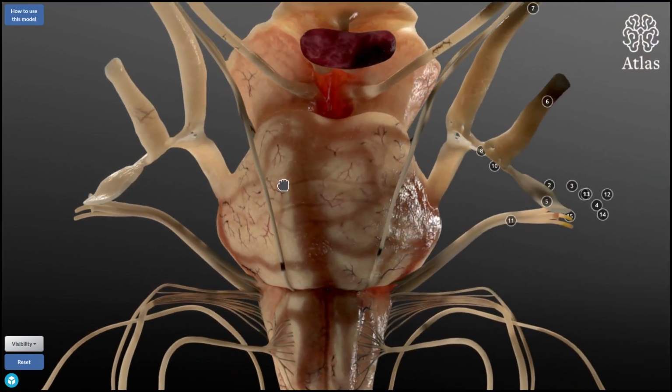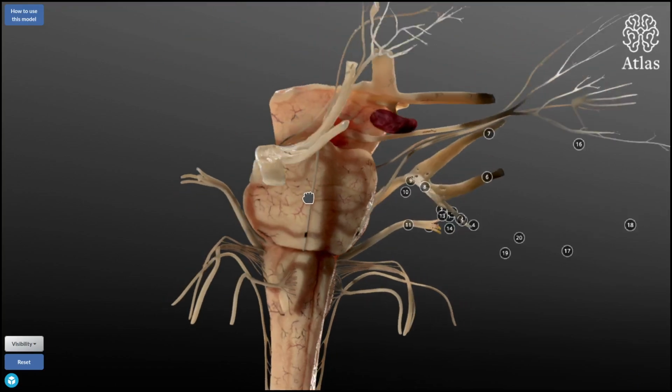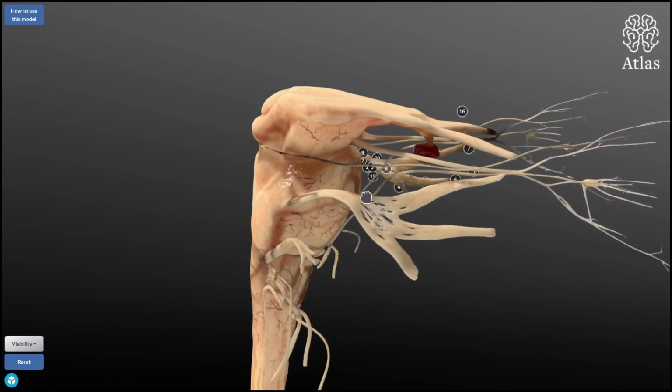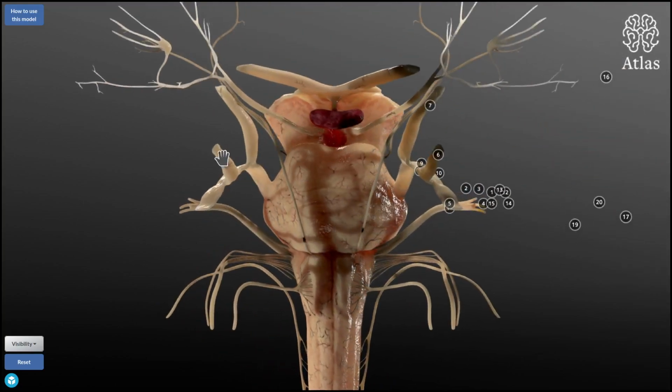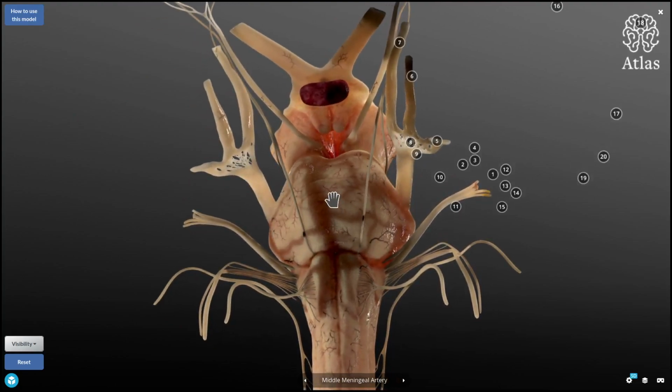Okay. So if you zoom out like this, you see the base of the pons, and then piercing through that, the fibers which will eventually form the middle cerebellar peduncle, is this large, very obvious cranial nerve. This large cranial nerve here splits into three.